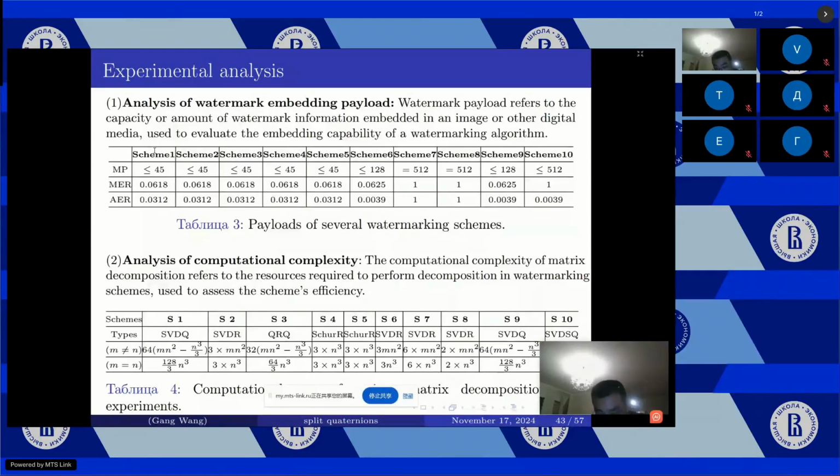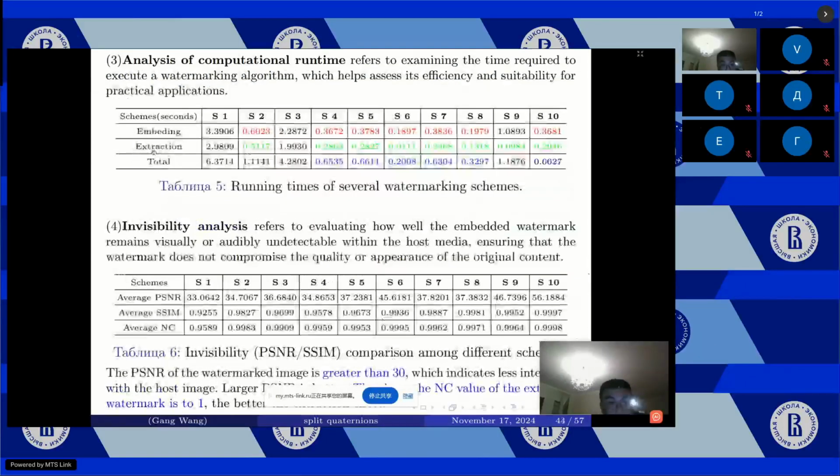Different extraction methods will also impact the efficiency of watermark processing. Third, analysis of computational runtime examines the time required to execute a watermarking algorithm, which helps assess its efficiency and suitability for practical applications.